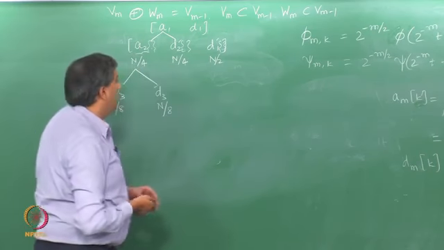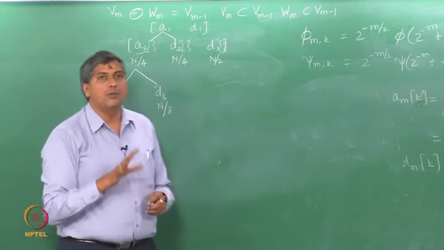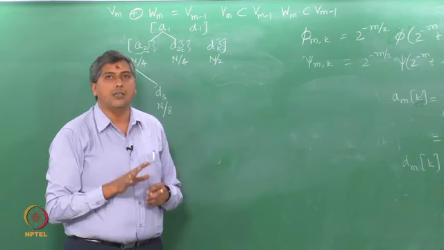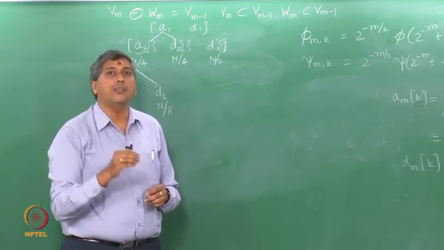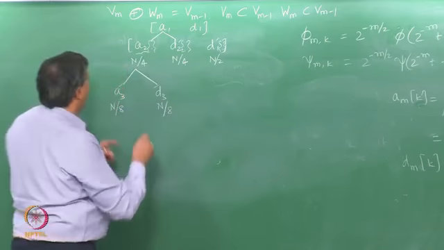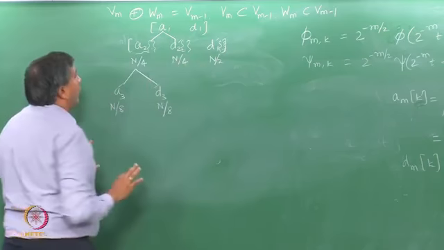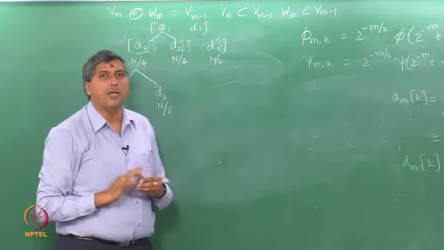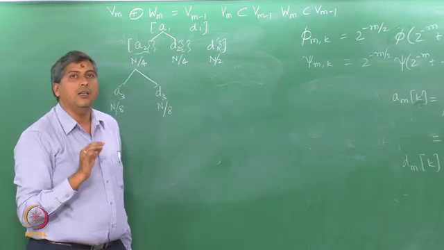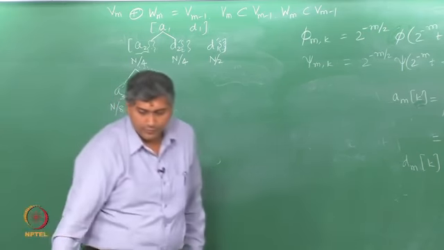And there are conditions under which only you can perfectly recover the signal. These conditions are on the filters that are used in reconstructing. That is the basic idea. So, whichever level I start with, the moment I am given all the necessary coefficients, I should be able to recover the signal. That is the condition of perfect reconstruction.